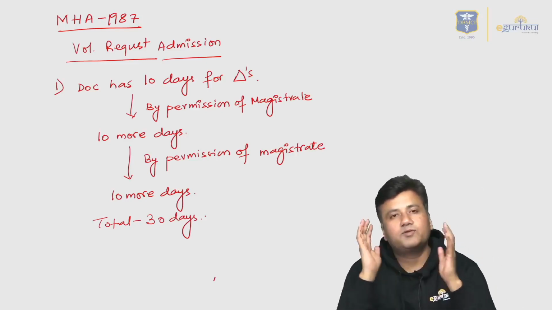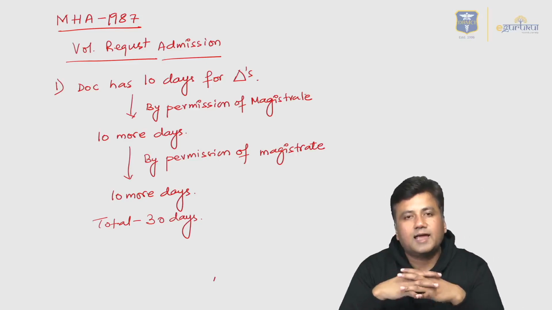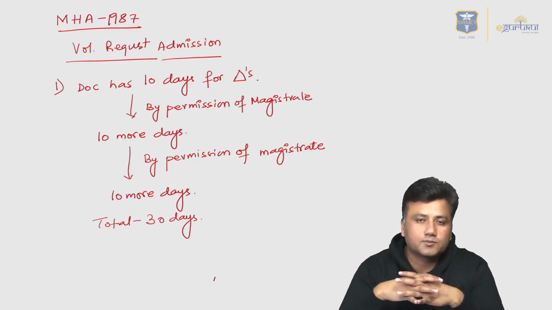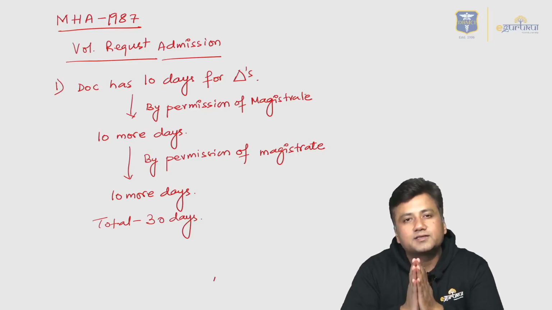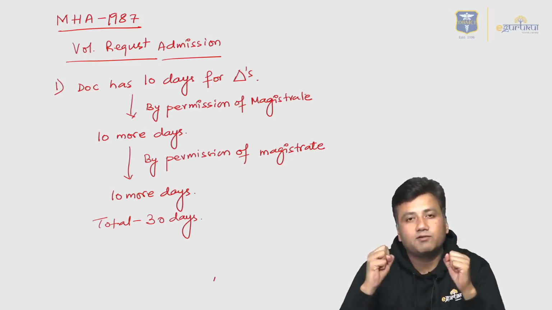Okay. So, whenever a person comes to a psychiatric hospital and makes a voluntary request for admission, the doctor has 10 days to admit him and diagnose him. If the doctor has failed to complete his diagnosis in those 10 days, the doctor needs to write to the local area magistrate and gain his permission to keep the patient for 10 more days. Magistrates have the power to grant an extension of 10 days.